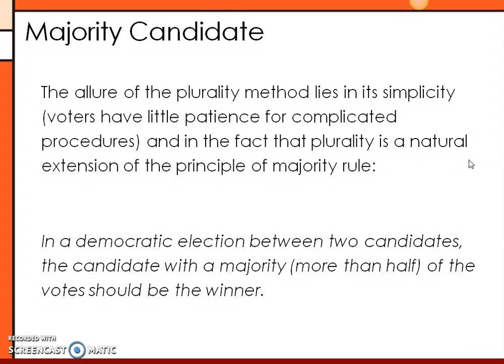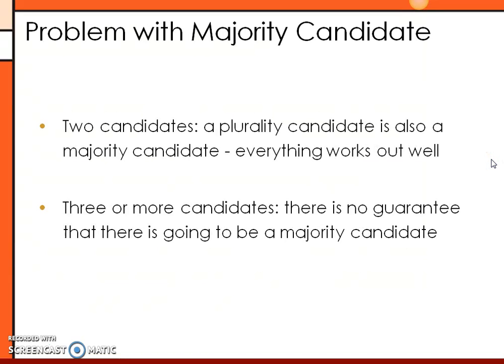Okay, so what's nice about this is that there's no crazy procedure. It's simple, but we'll see an example where it might not do a good job accurately reflecting the wishes of the people who voted. If there's more candidates, you could also have somebody win who doesn't get a majority.